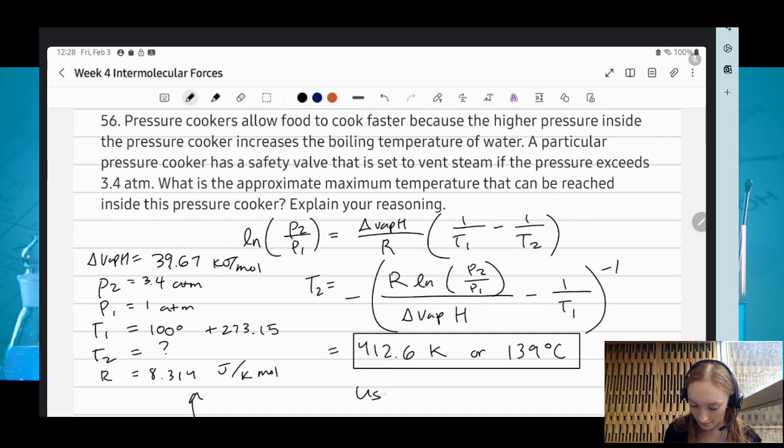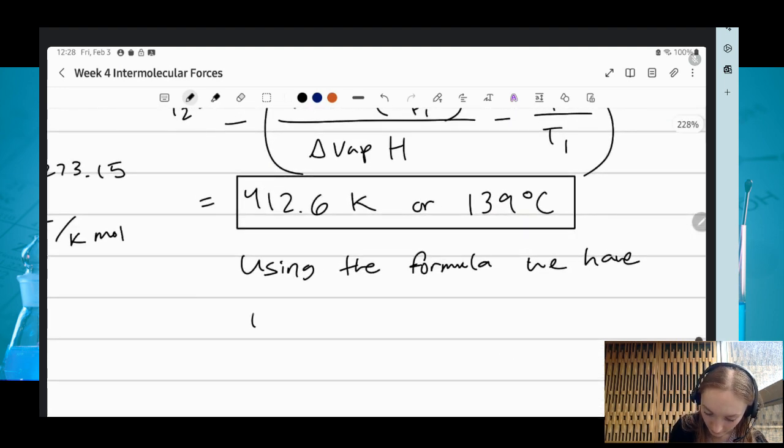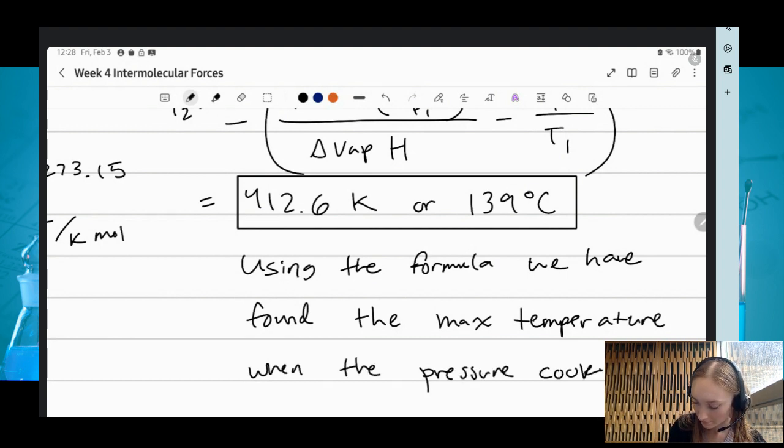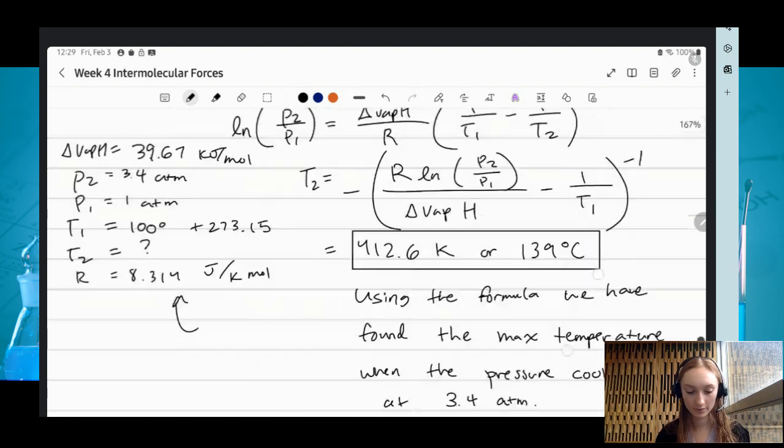So using the formula, we have found the max temperature when the pressure cooker is at 3.4 atmospheres. Okay, so that's the answer for this problem.